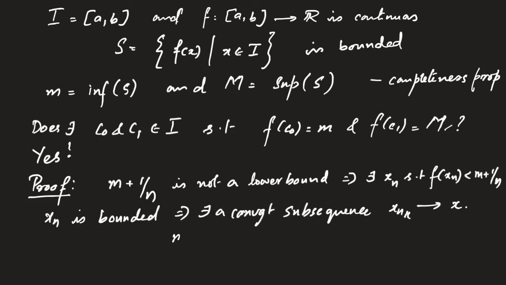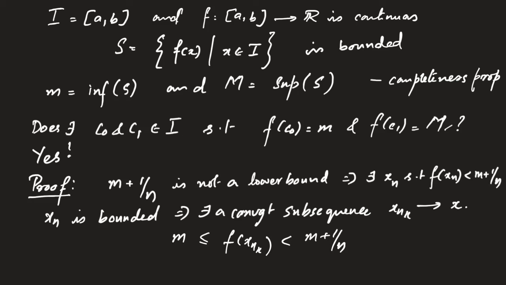Notice further that m is less than or equal to f(x_{n_k}), which is strictly less than m plus 1/n_k. Further notice that f(x_{n_k}) converges to f(x), as x_{n_k} converges to x and f is continuous.